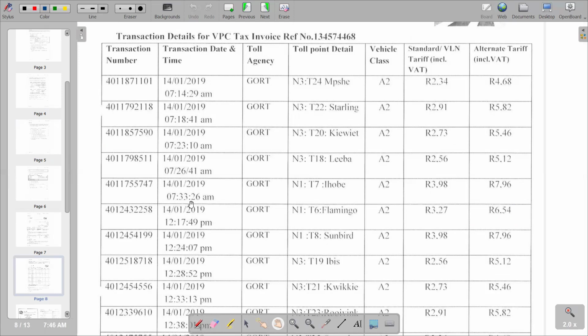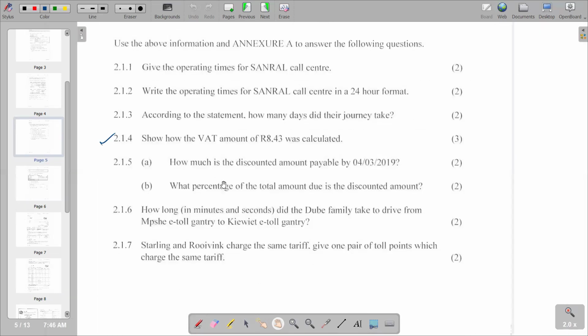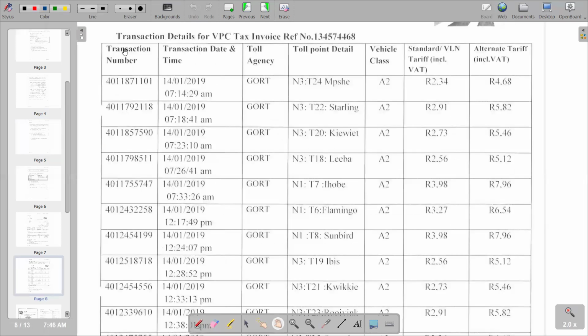So according to the information given, we would want to see the time from Misfe Ito, so we can just start by identifying that one. We are here, and we see the time that is indicated here.